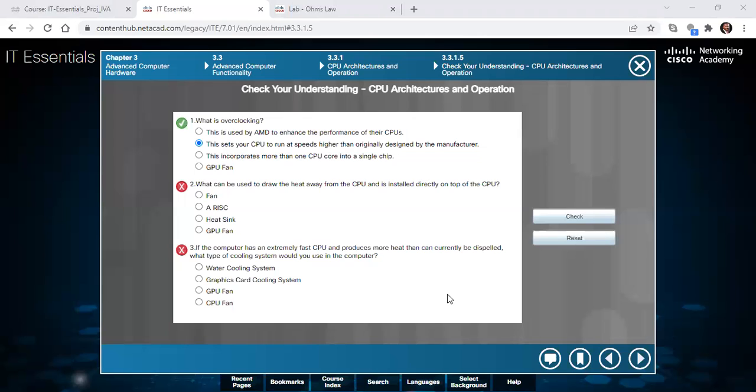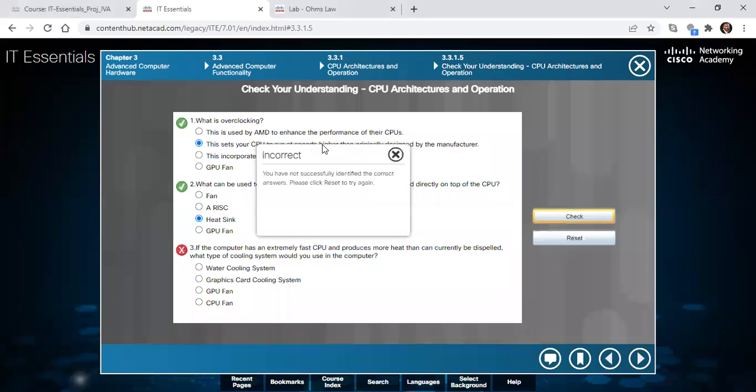Can you repeat yourself? I didn't get that. Sync. Heat sink. Say heat sink, heat sink. All right, let's check it out. Correct.